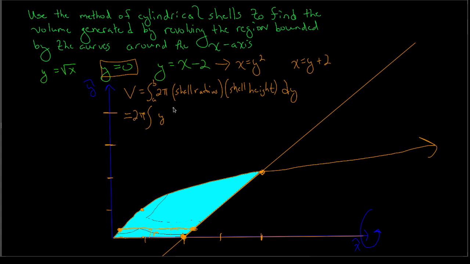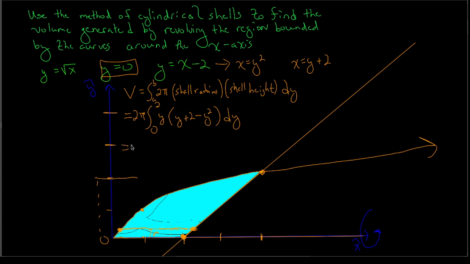So it's y plus 2 minus y squared dy. And now I need to find where I'm going to integrate through in y. Well, I'm starting here at 0. And I'm going up here to where these two curves meet, which is at 2. So this will be from 0 to 2.